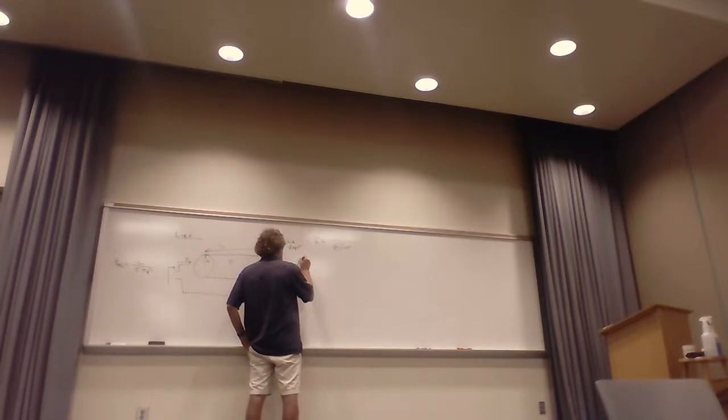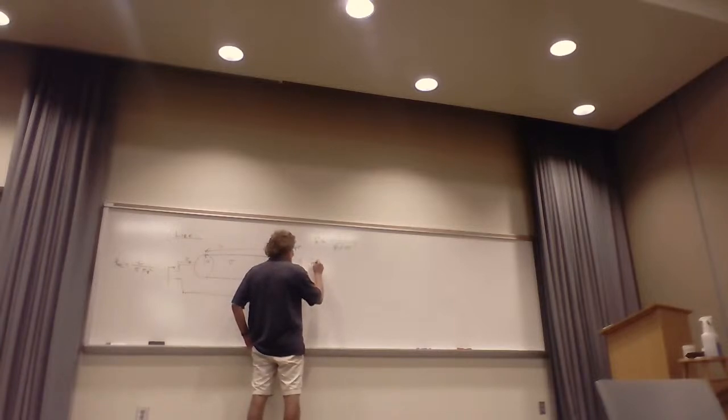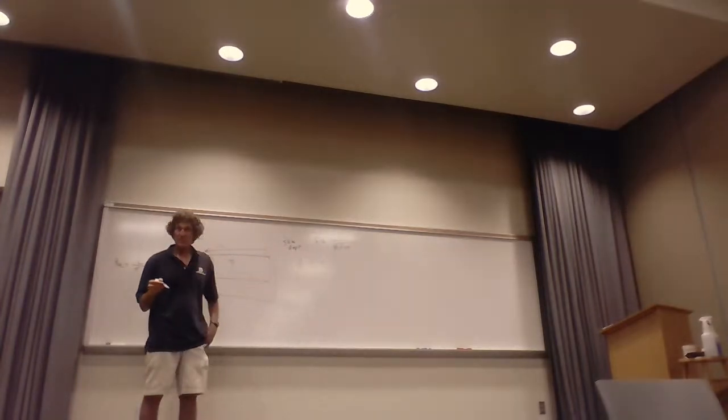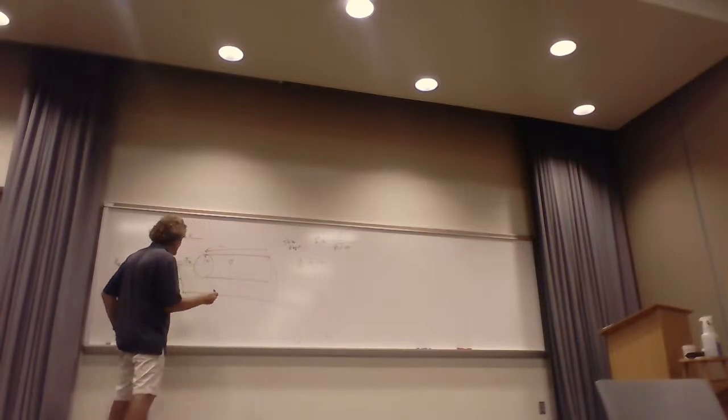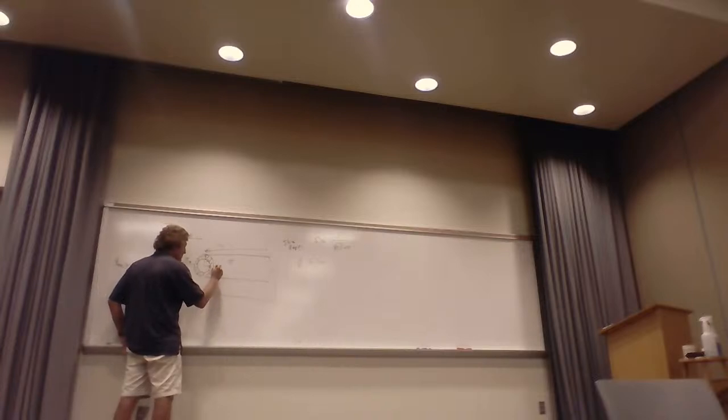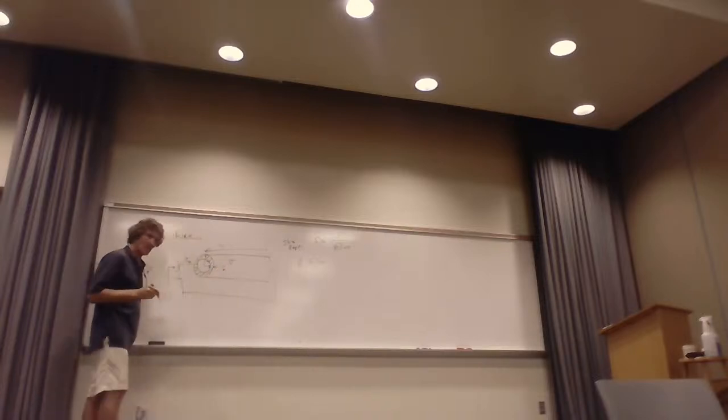But if you have the skin depth less than a, so the skin depth is less than the radius of the wire, then what you have to do is figure out what the effective area is that the actual current flows in. So this would be a skin depth thing. Do y'all remember this?